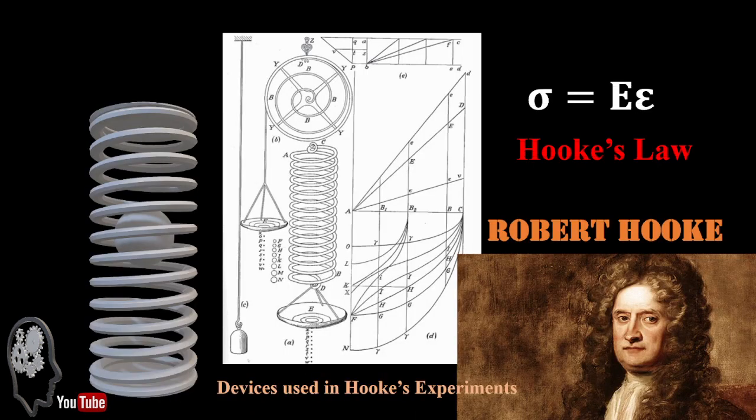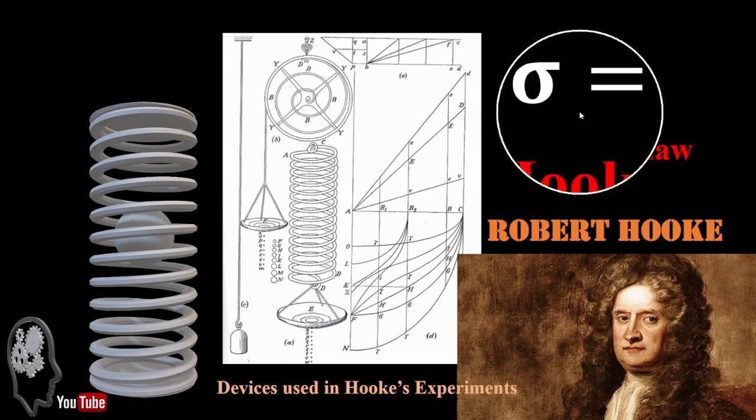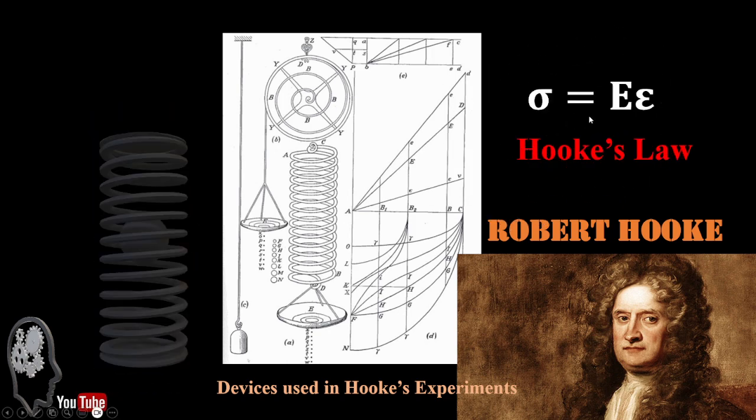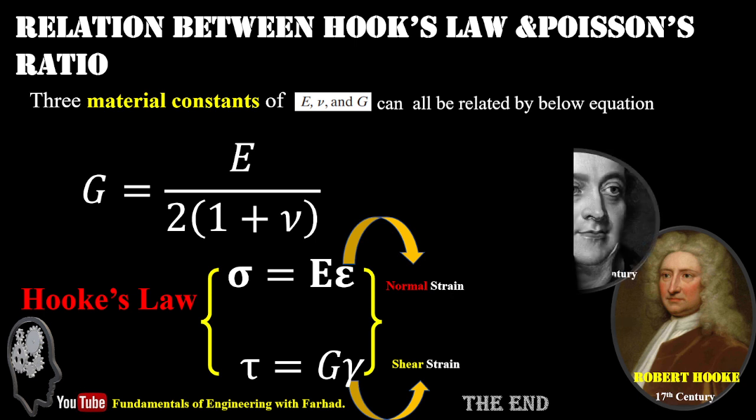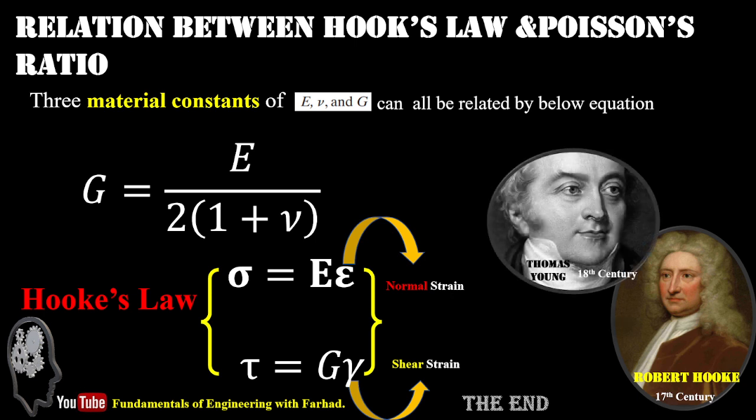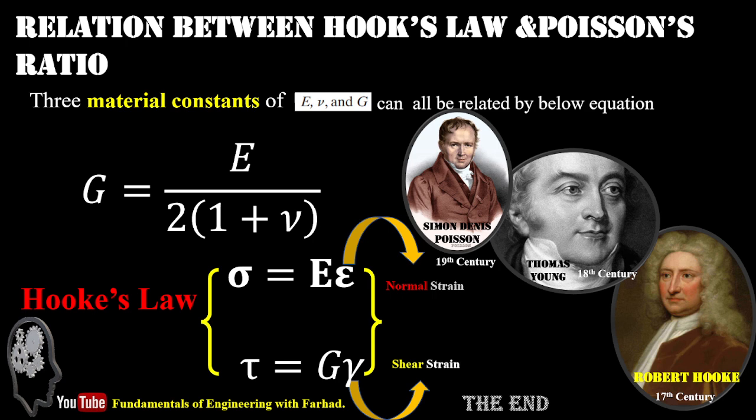We remember that in Hooke's law, sigma is equal to E times epsilon. At the same time, the collaboration of people like Thomas Young, Simon Denis Poisson, and Robert Hooke led to a relation between E and nu.